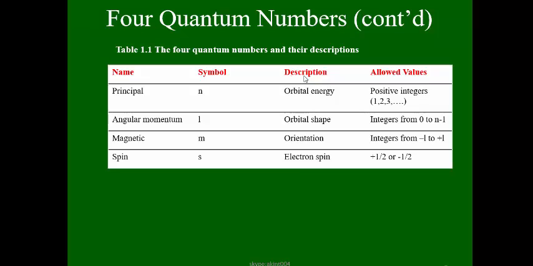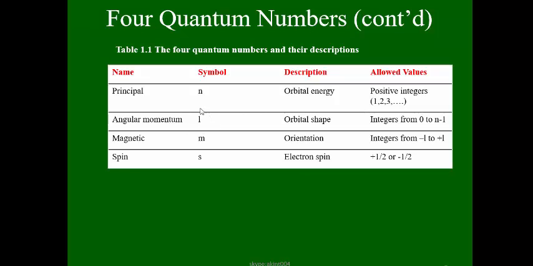If by accident an electron finds itself in a place where its energy is more than the energy of the shell, it quickly jumps to where its energy is equal. The available values for the principal quantum number are integers, that is whole numbers, and they have to be positive, like 1, 2, 3, and so on.